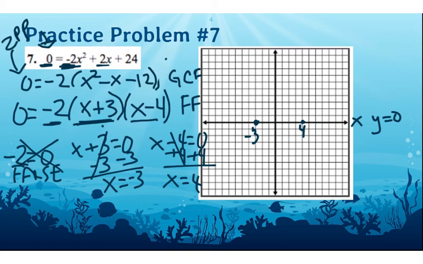We have y equals negative 2x squared plus 2x plus 24. Let me rewrite that, because all I've done here is change that 0 back into a y.